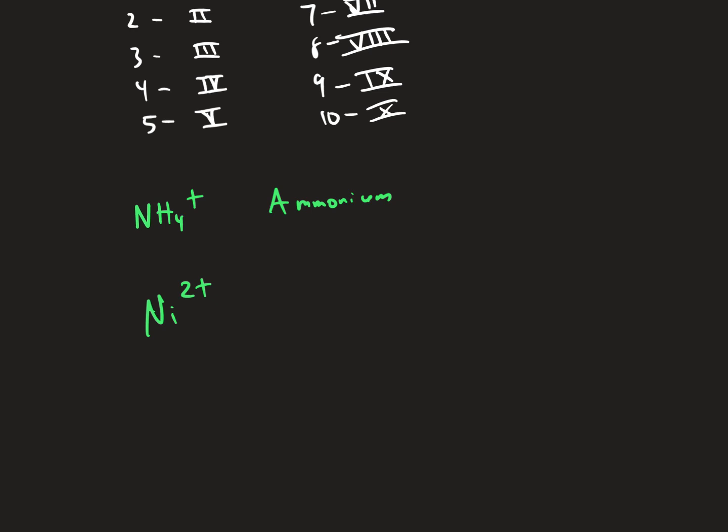Is it a main group element or a transition element? It looks like it's a transition metal. Do you have to memorize where these are? No, you have to look on the periodic table and find them and know which ones are transition, right? So this is a transition metal, so we need a Roman numeral to represent the charge. So what's this called? Nickel, Roman numeral 2. Simple enough?